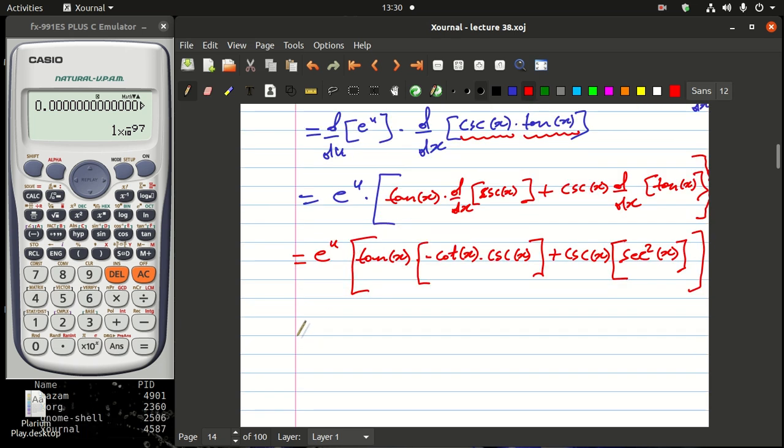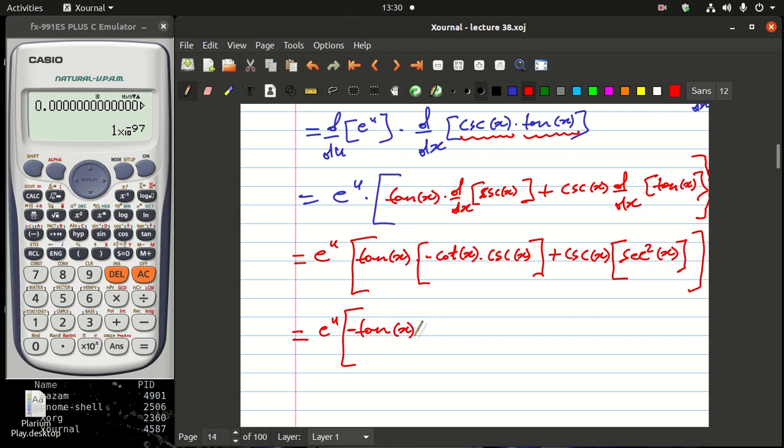Can we simplify now? This one here, I still have e to the power u, and then inside here I have tan. I'm going to keep the tan as it is. I have a minus here, so tan times minus is going to have a minus here.